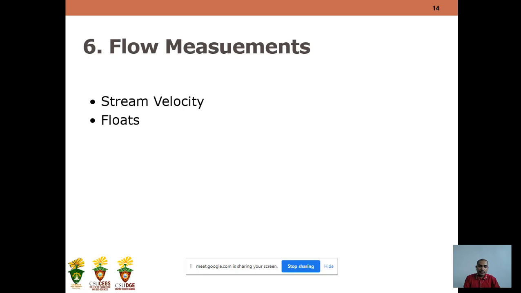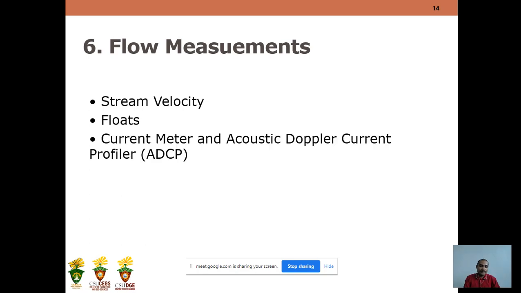And next are the current meters, which are the current trend in how to measure flow. Current meters are instruments that are able to calculate the current of a specific water body, so there is the velocity, discharge, and so on.